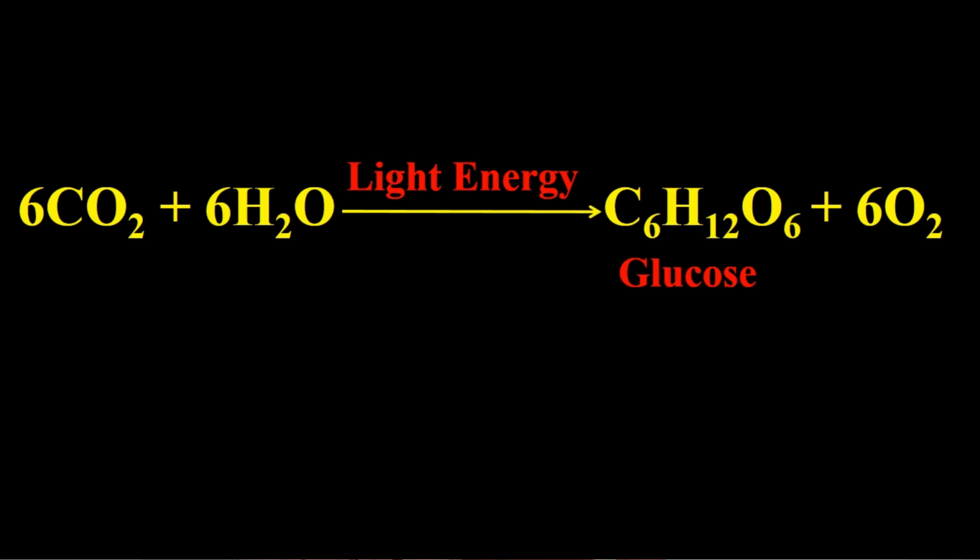But there are some other reactions in which heat energy is absorbed also. Just for example, in the process of photosynthesis, light energy is absorbed by the plant, and the photosynthesis reaction occurs due to which they become able to produce glucose in the leaf.